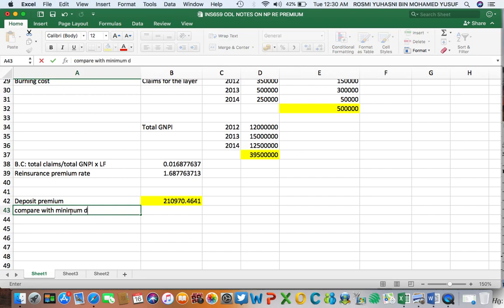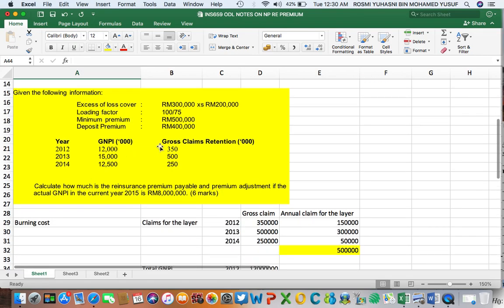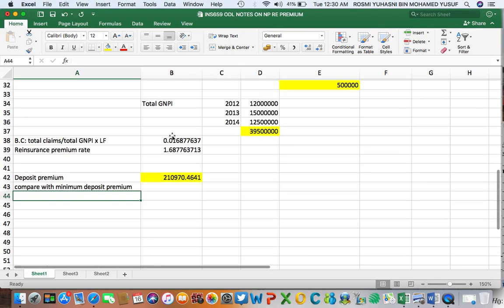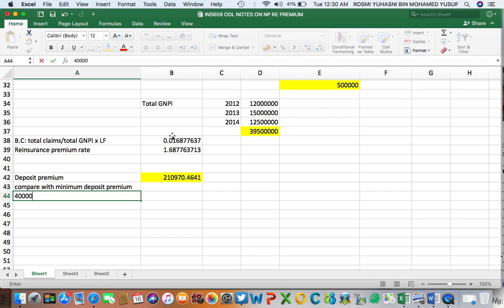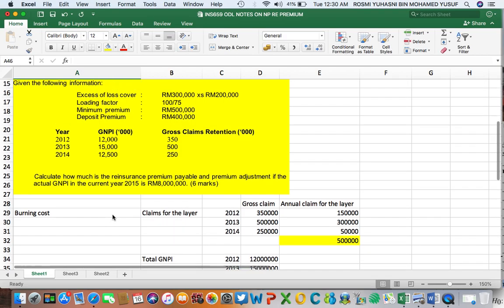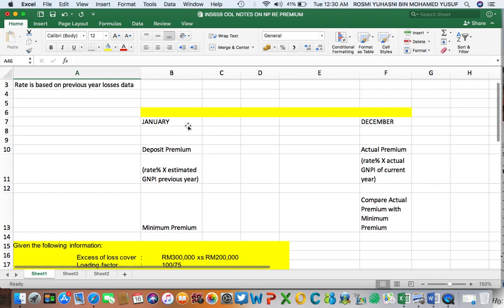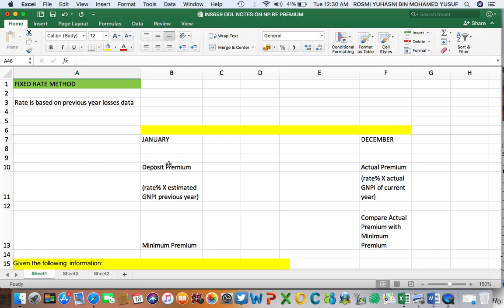So compare with minimum deposit premium. How much is minimum deposit premium? 400,000. So the reinsurer says that they demand at least 400,000 as a deposit premium at the beginning of the year.